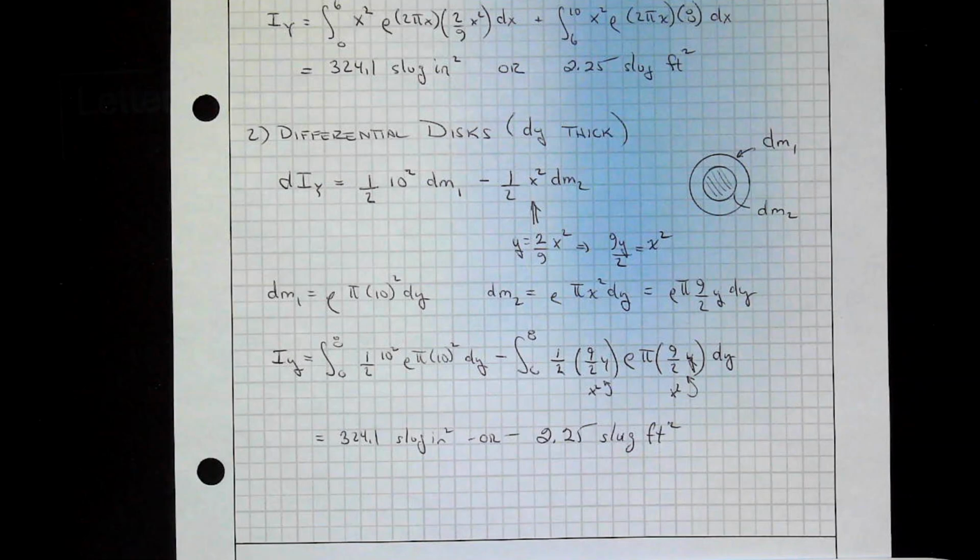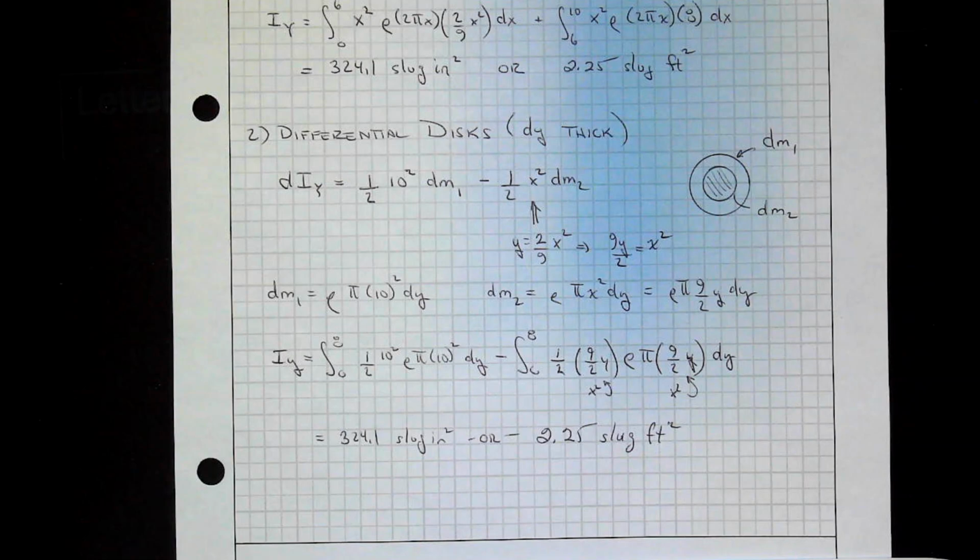All right, so Iy, we're going to go from 0 to 8. So we're going from the bottom, let's just bring this back real quick, integrating from the bottom here up to the top. So integral 0 to 8, and we have our 1/2. This is r squared. Here's dm1.